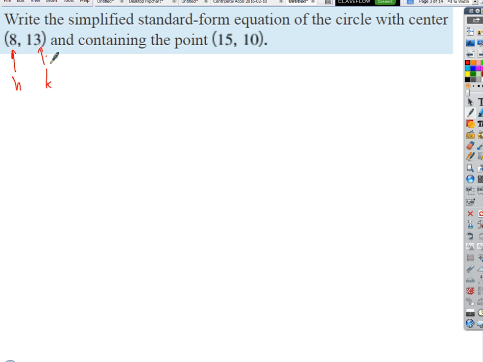So at this point all we have is x minus 8 squared plus y minus 13 squared equals r squared, right? How am I going to find r?